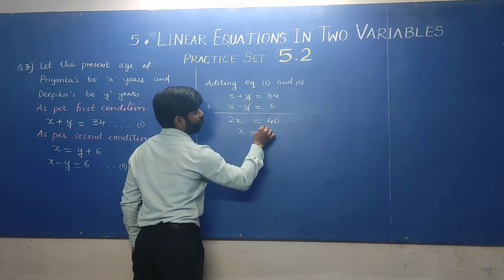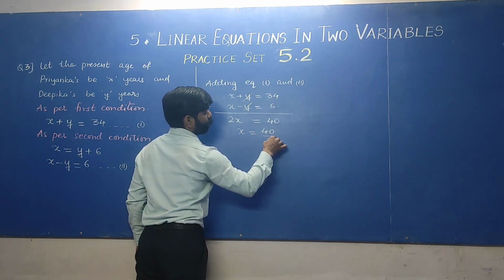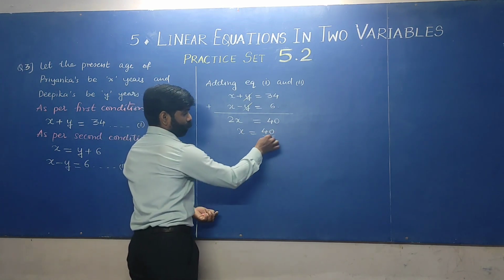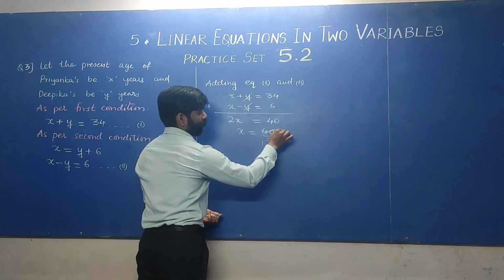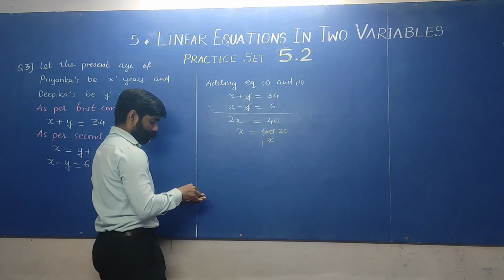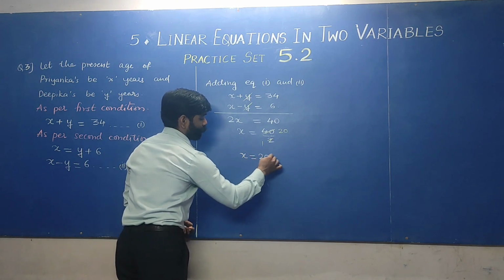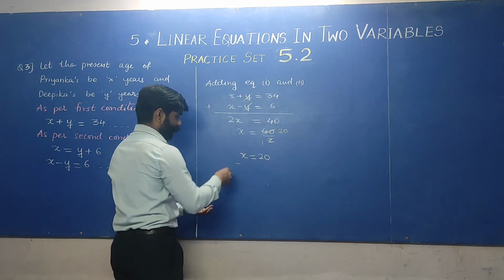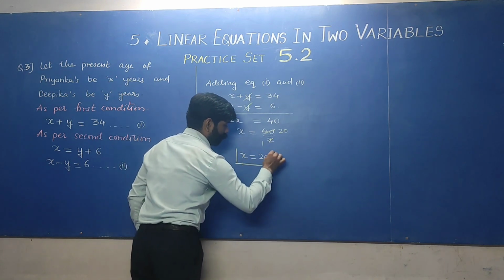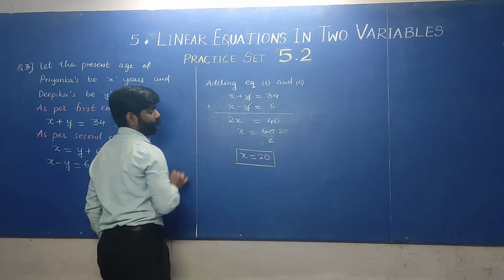x is equal to 40 upon 2. 2 ones are 2, 2 twos are 4, 2 zeros are 0. So we are going to get x is equal to 20. Okay, students. So we are getting the age of Priyanka as 20.